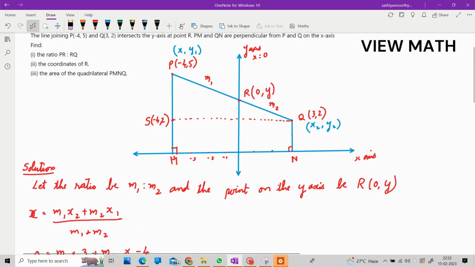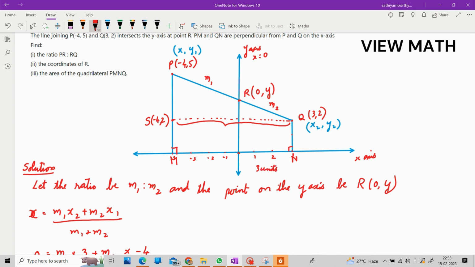So this is equal to half into the base of the triangle. Let me find out the base of the triangle. This is the triangle. Now this is the base of the triangle. Now what is the length of SQ? You can use the distance formula to find out the length of SQ, but by seeing the figure you can just tell the length. So this is from y-axis to N, this is 1, 2, 3, so this is 3 units.